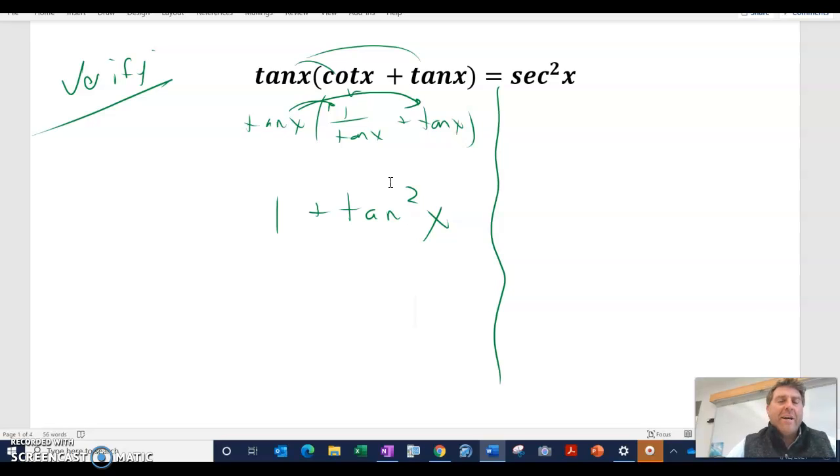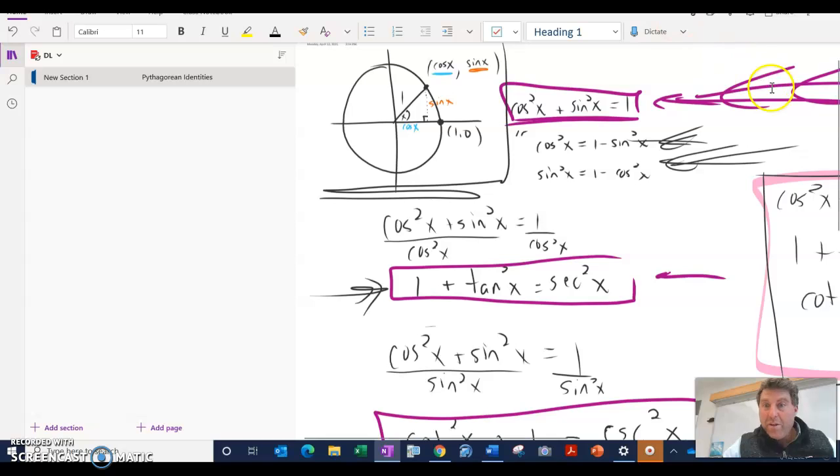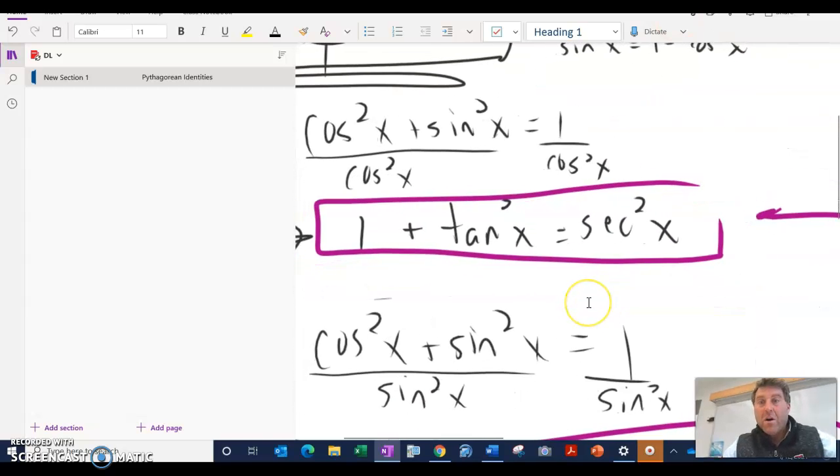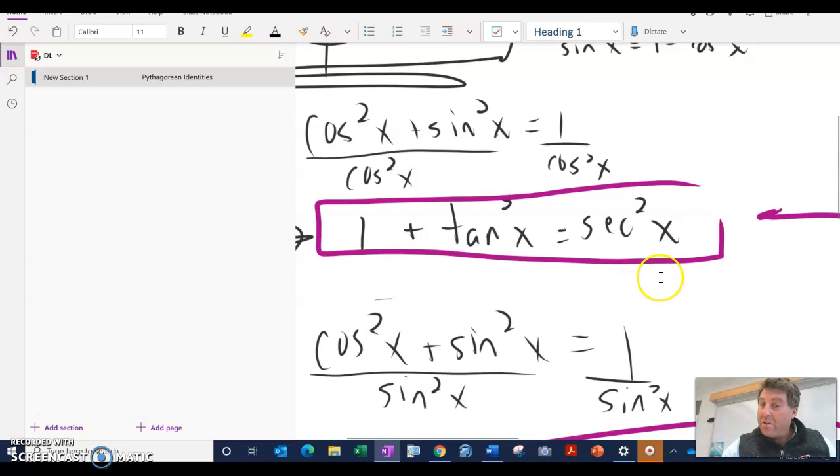And now I'm saying, okay, well that's cool, but how on earth am I going to show that that's equal to secant squared of x? Ooh, well, guess what? Yep, you guessed it. Watch. What is 1 plus tangent squared equal to? That's equal to secant squared by the Pythagorean identity, one of the 3 versions. So, I'm done.